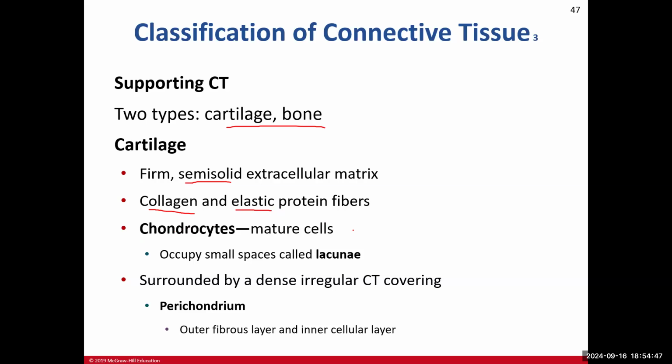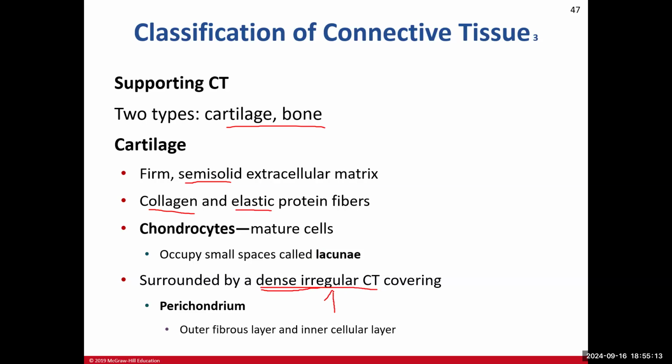And so our cartilage is going to produce a covering that goes around the cartilage, and that's called the perichondrium. Right, and so that perichondrium, I just mentioned on the previous slide, is going to be made up of that dense irregular connective tissue. So perichondrium has two layers to it. The outer layer is called the fibrous layer, and that is made up of dense irregular connective tissue.